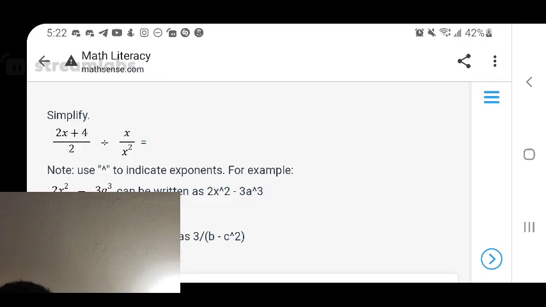You can also factor this one out. It's just 1 over 3. 1 over x. Right here. I'm just confusing myself here. X over x squared is just 1 over x.